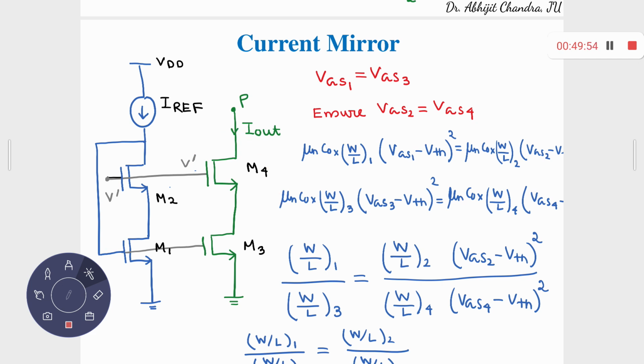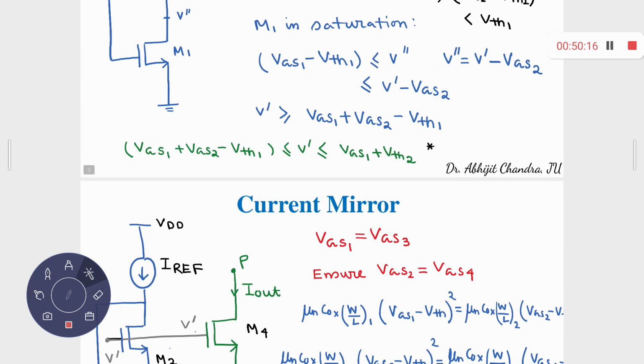On the top of M3 you have some M4 like this, and we are in the process of synthesizing this V dash. If you can remember, right at this moment we have not synthesized this value. We know that this is the range of V dash: VGS1 plus VGS2 minus VTH1 should be less than V dash, which should be less than VGS1 plus VTH2.